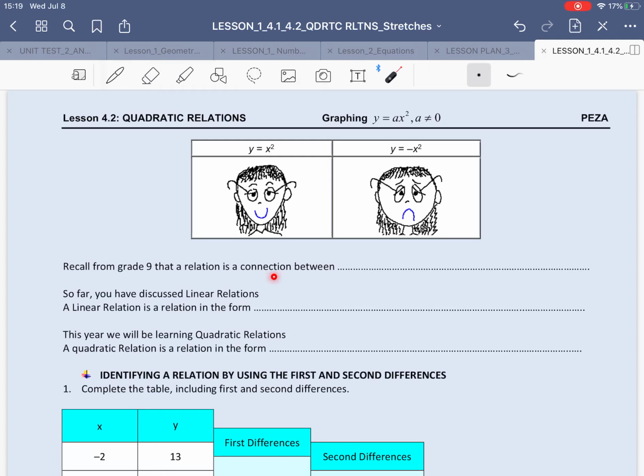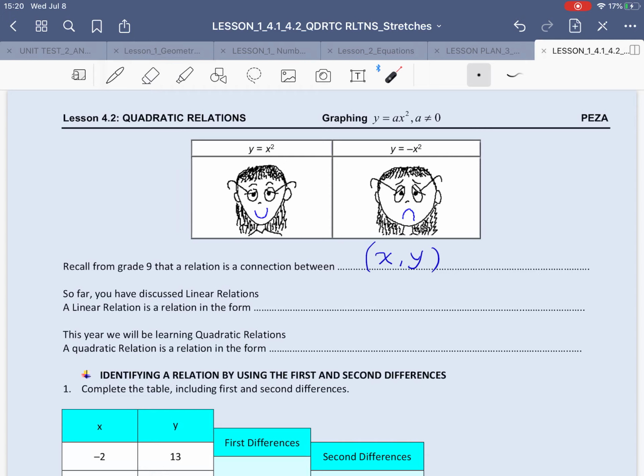Recall from grade 9 that a relation is a connection between two variables x and y. When we put two variables together in an ordered pair, we say that they are related to each other. They make a relation. If you put more ordered pairs together, they will make a bigger relation.